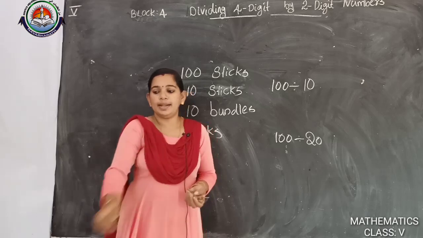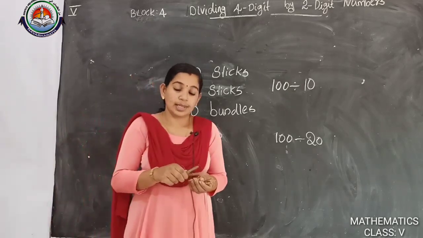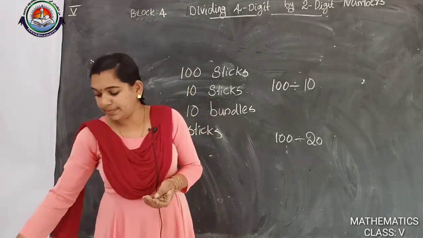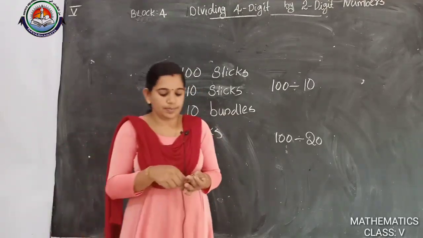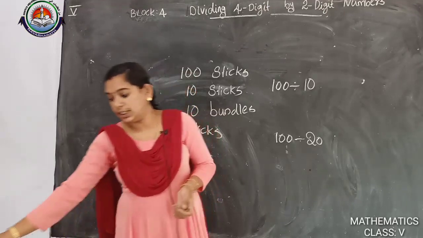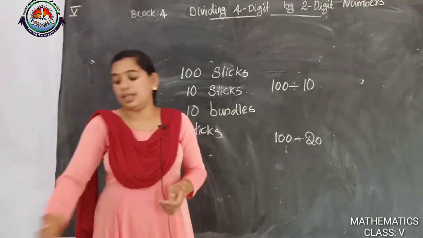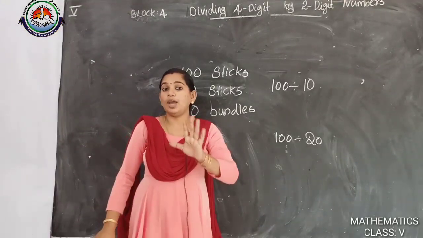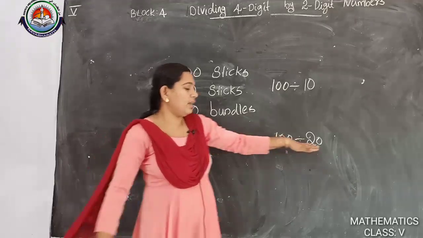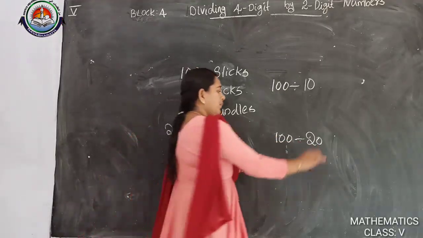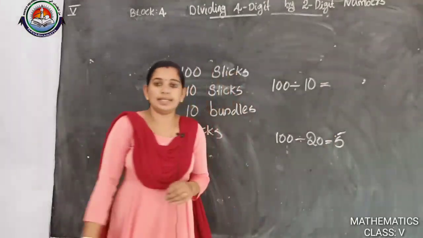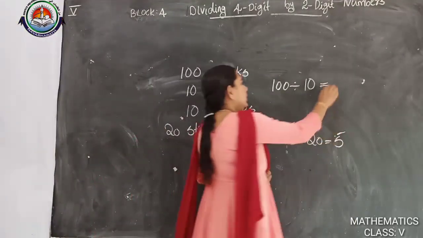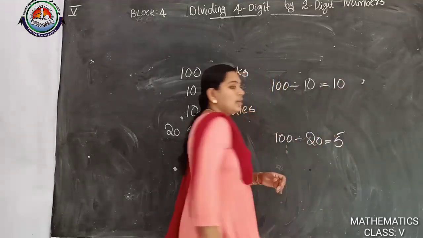This is one bundle. Second. Third. Fourth. And fifth. How many bundles? 5 bundles. So 100 divided by 20 is 5. And 100 divided by 10 is 10.